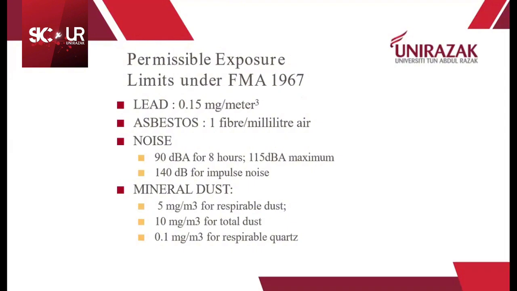So untuk Malaysia, permissible limits under FMA 1967: lead is 0.5 mg per meter squared, asbestos 1 fiber per milliliter of air, noise 90 decibel average for the 8-hour, 115 decibel average maximum, 140 decibel for the impulse noise, mineral dust 5 mg per meter squared for the respirable dust, 10 mg per meter squared for the total dust, 0.1 mg for the respirable quartz.